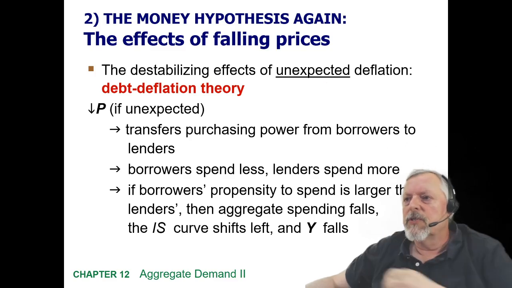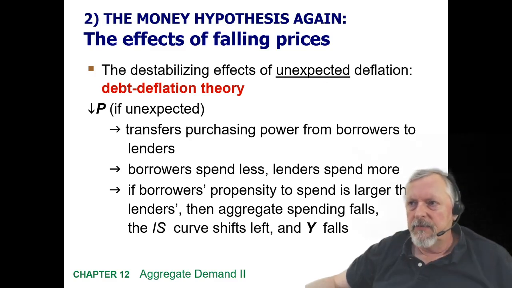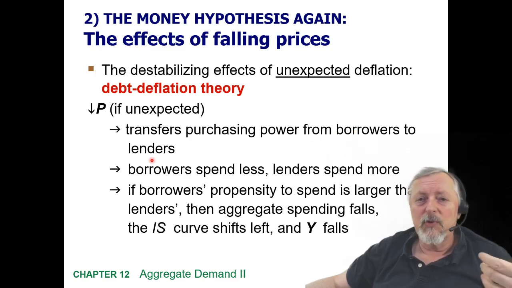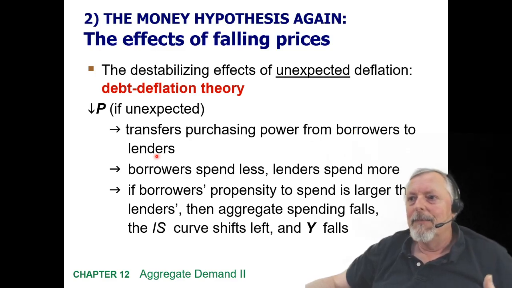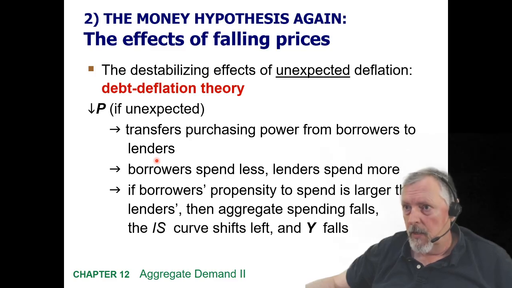In real terms, if it's unexpected deflation, it would shift wealth from borrowers to lenders, because the borrowers would have to repay their loans in dollars that can buy more than they were planning on.